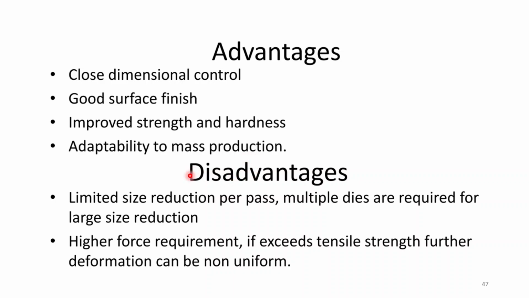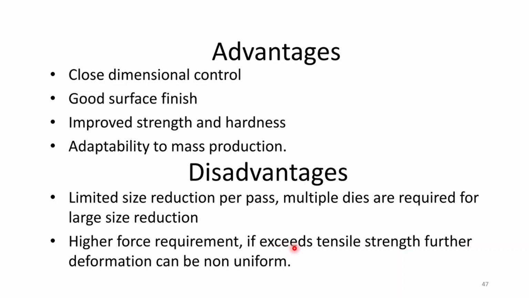Some of the disadvantages are that it has limited size reduction per pass. So in one pass you can reduce the size by a lower amount compared to other processes, and also multiple dies are required for large size reduction. So you have to complete it in multiple passes, and also higher force is required, and if it exceeds the tensile strength, deformation can be non-uniform.